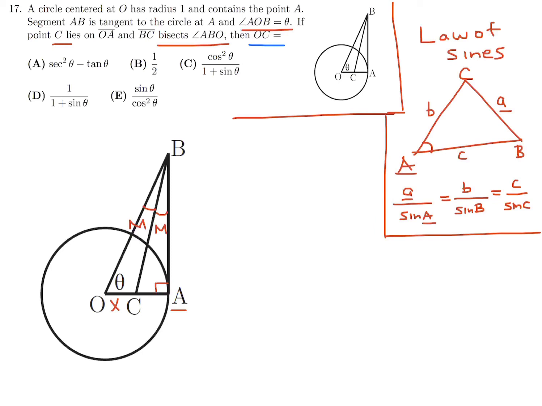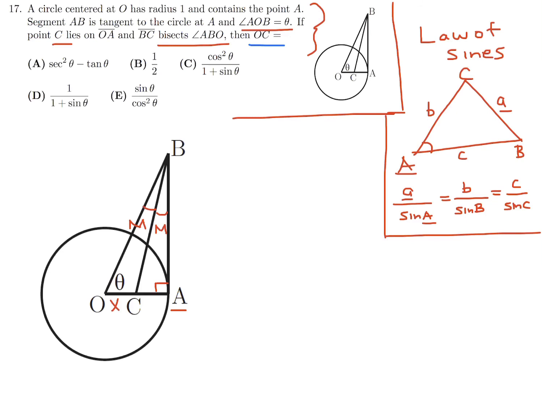So the first thing is I want to find OC in terms of something that they gave us in our opening stem, because currently OC is just represented by x, and that's not going to help us. We have to figure out what x is. I will do that by using the triangle BOC, this triangle right here.